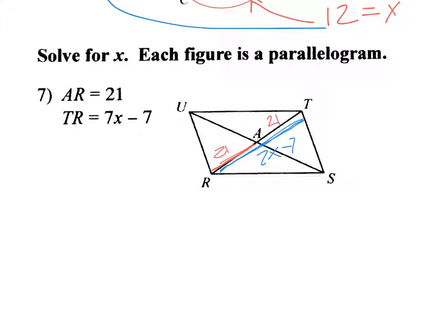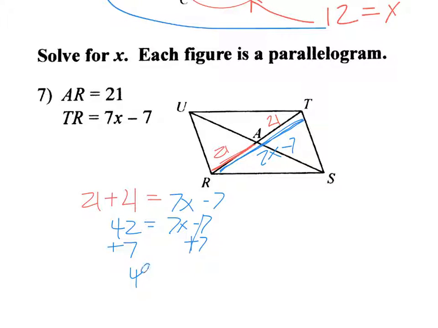Remember, small and small are equal, but two smalls equal a big. So 21 plus 21 has to equal the big, which is 7x minus 7. So that gives me 42 is 7x minus 7. Add 7. That gives me 49 is 7x. Divide by 7, and that tells me 7 equals x.